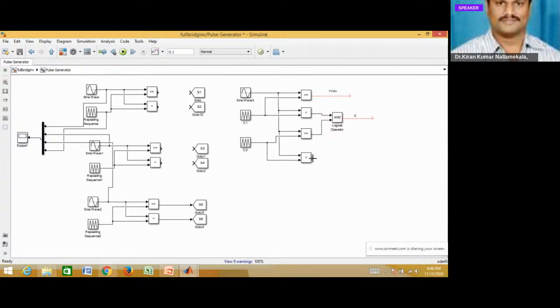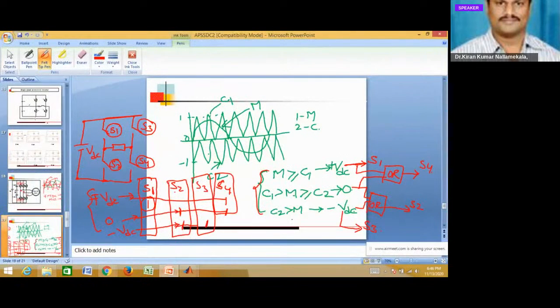Then this is equivalent to the gating signal for minus VDC. So the first part is over: logic generation for voltage levels is over.